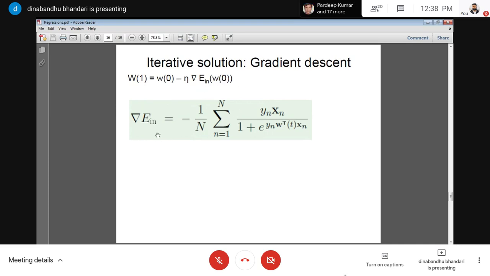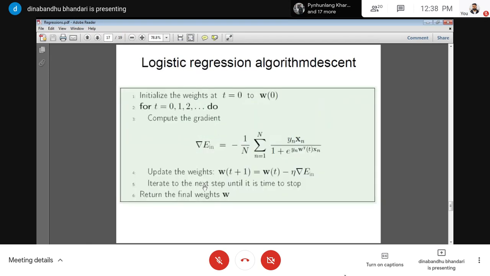From there, we can calculate the gradient of E in as this, and we can come up with this algorithm. So you initialize the weight W0, then go for a loop, calculate the gradient of En, and then you find a modified W, right? After some steps, you stop and find the W.